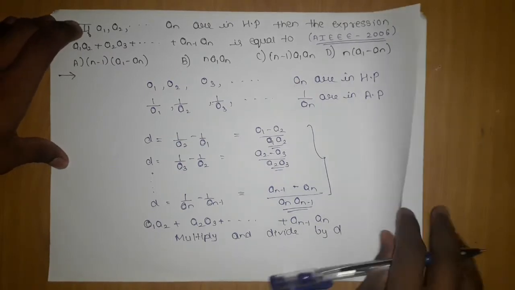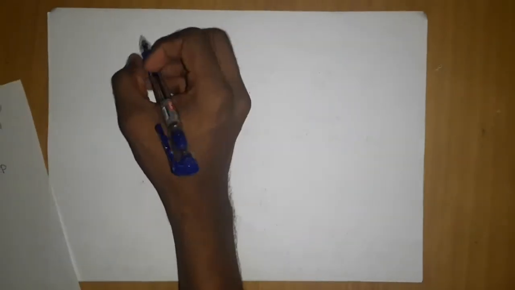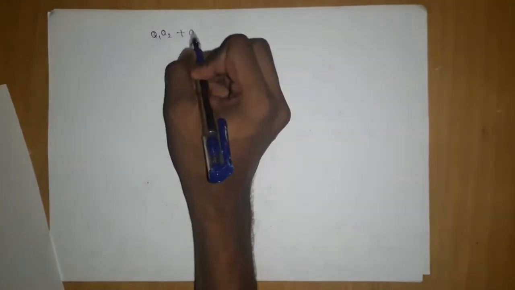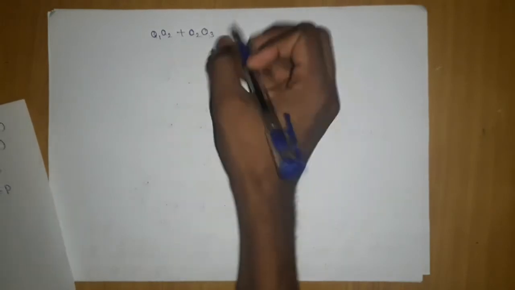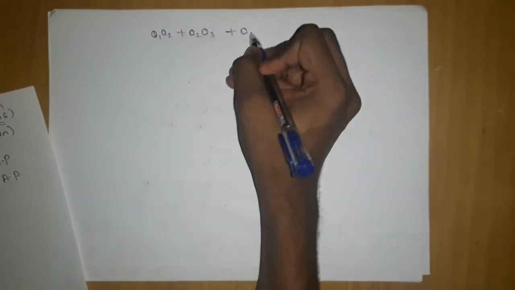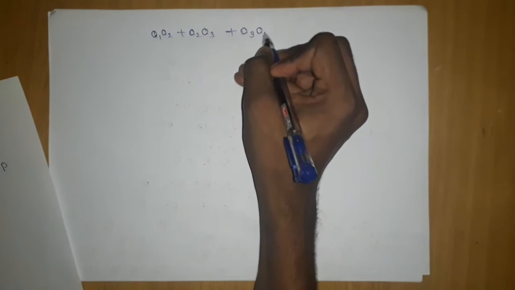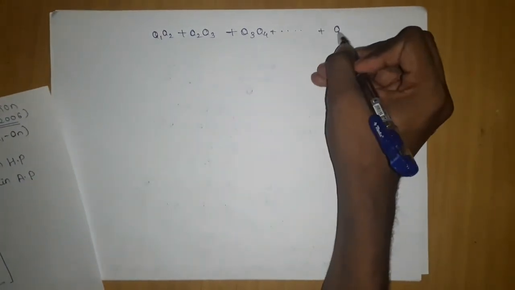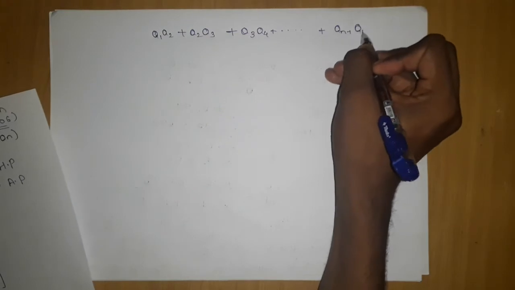Let me take the next page. So what will happen is I have a1 into a2 plus a2 into a3, plus a3 into a4 and so on till an minus 1 into an.